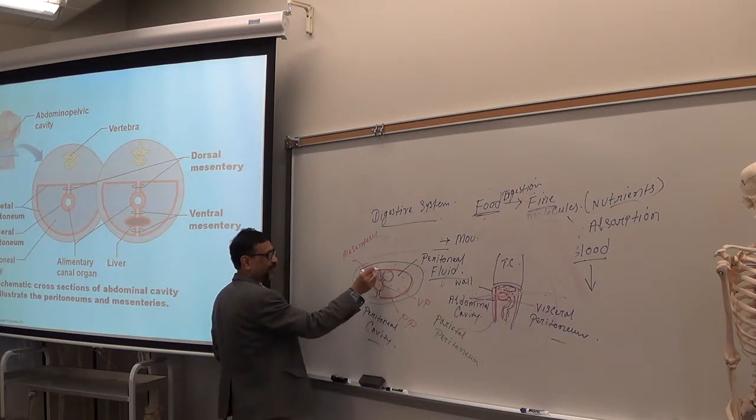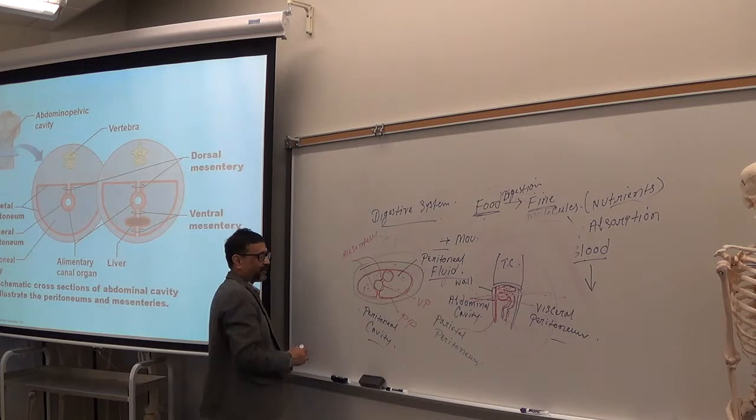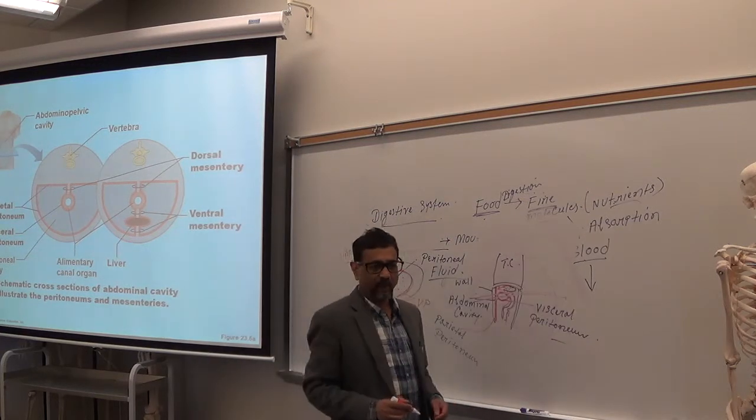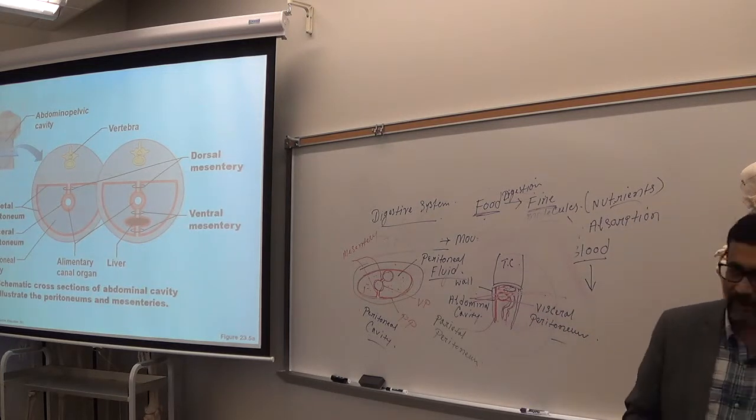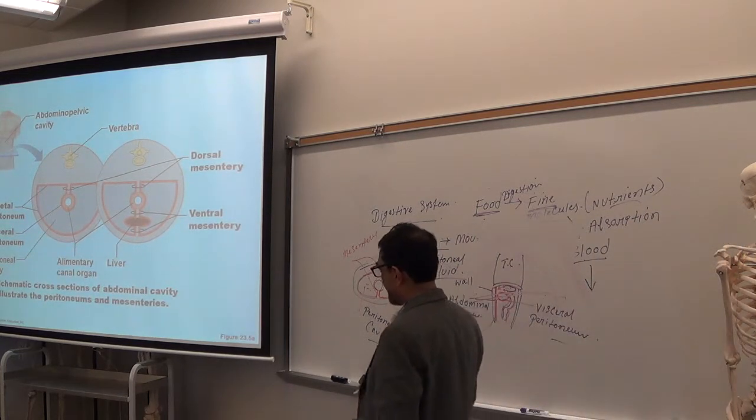The double layered folds going from the abdominal wall to the organ, or from organ to organ, are called mesentery.